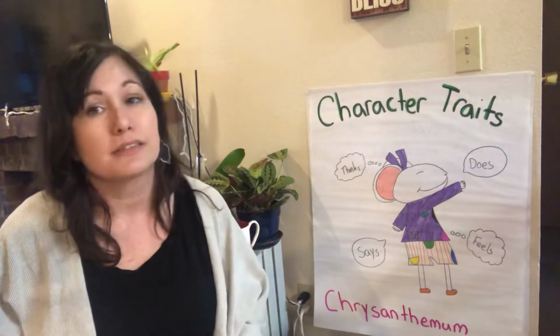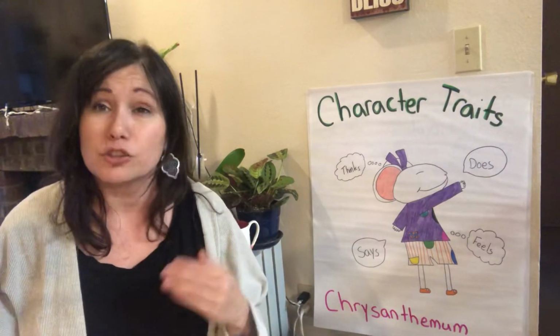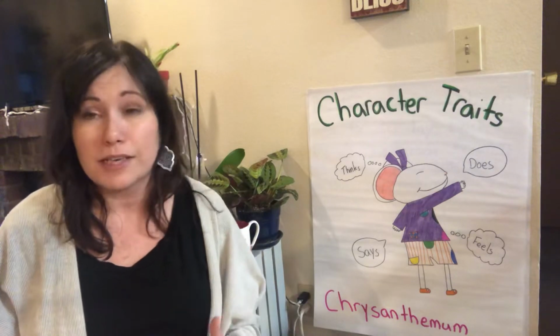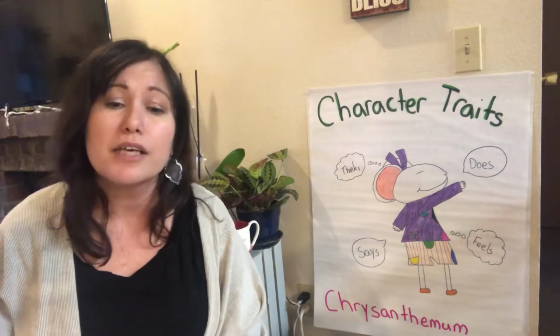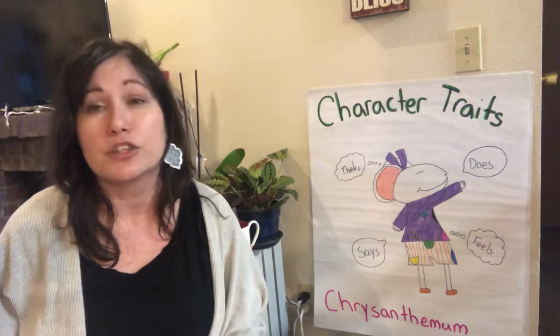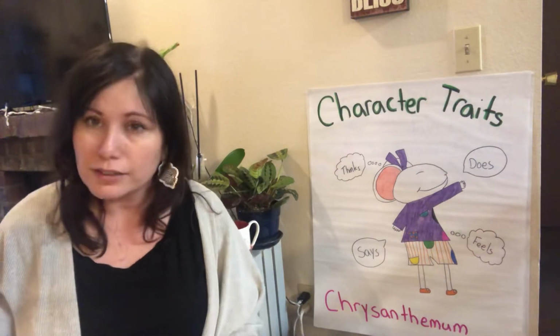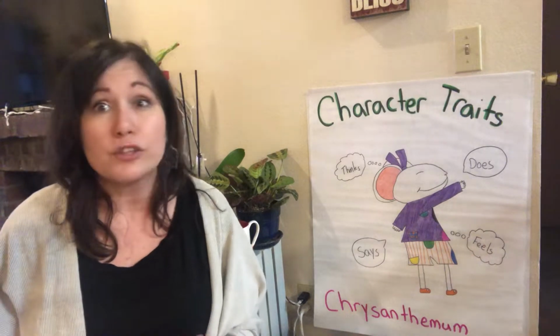Chrysanthemum in this book has lots of feelings, and it helps us know who she is on the inside. And that's so important for a reader to be able to know who a character is on the inside, because it helps us to understand how a character might react in a situation or why they're doing the things they're doing.